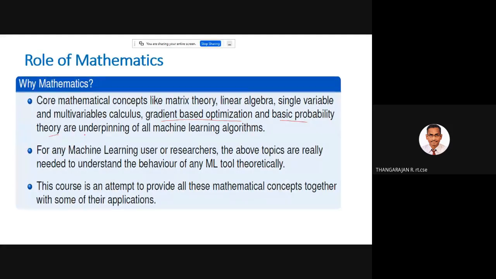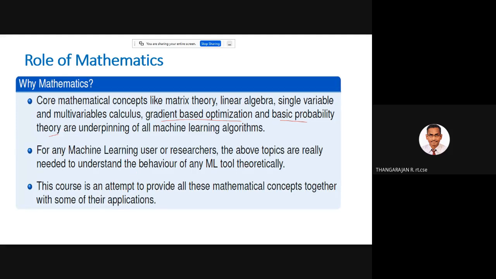These are some of the core ideas in mathematics that are used heavily in machine learning. Without this, we cannot have algorithms. To understand the algorithms, you need some understanding of these core concepts.